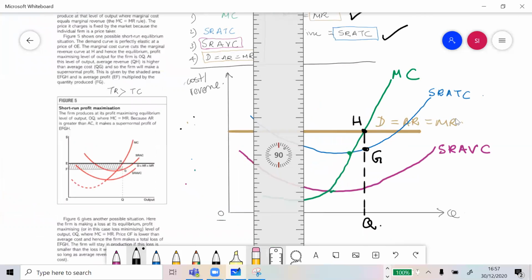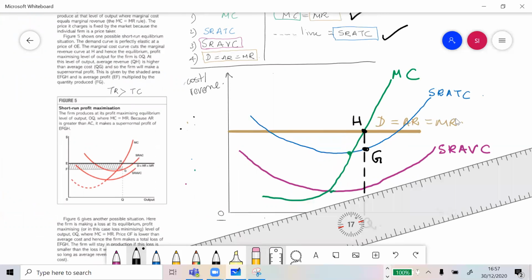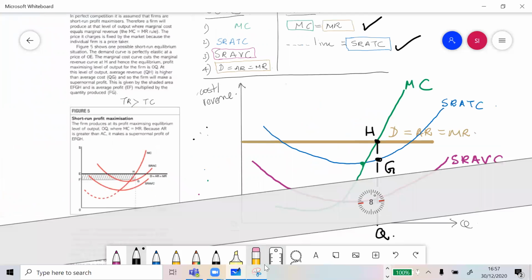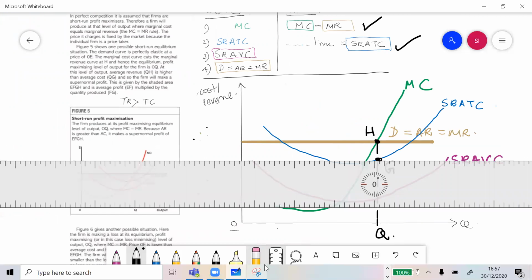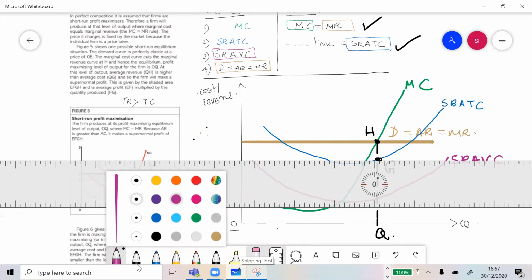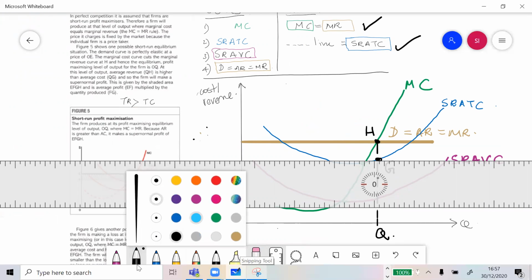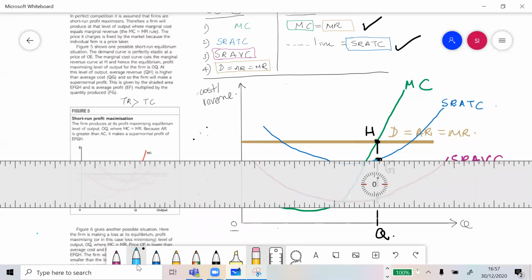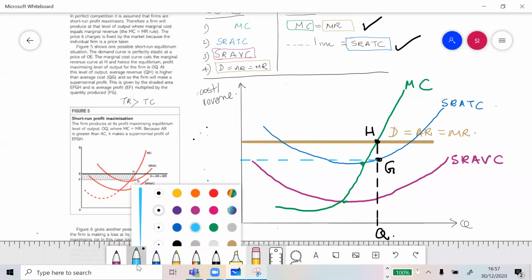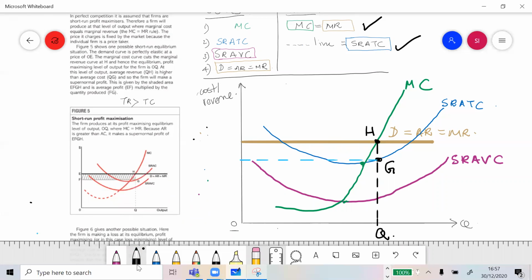Once I'm done with that, now I'm going to draw a dotted line towards my left. Now I'm going to name these with some letters.